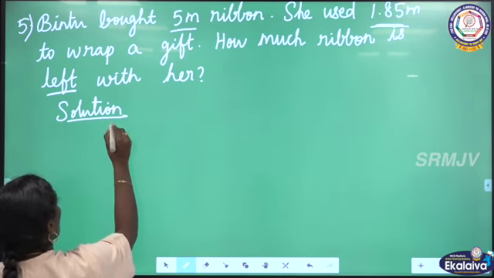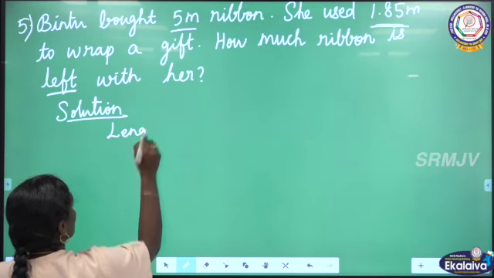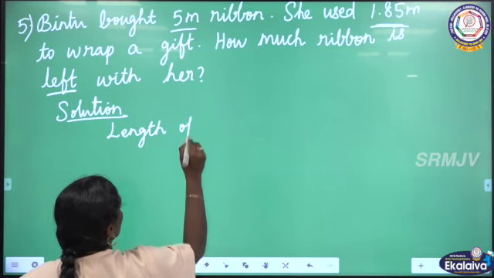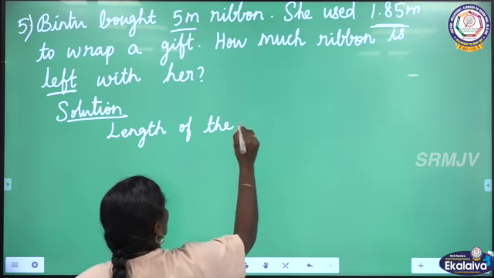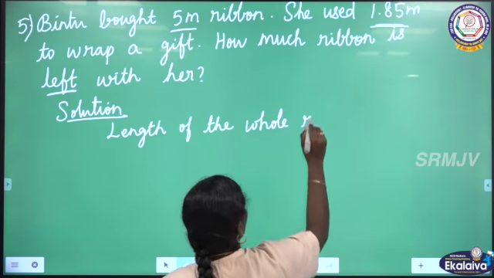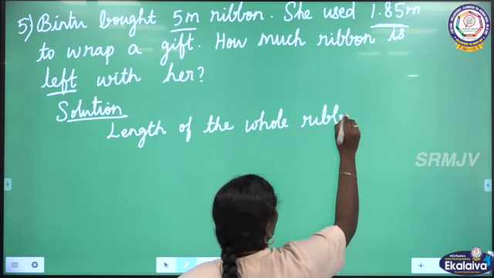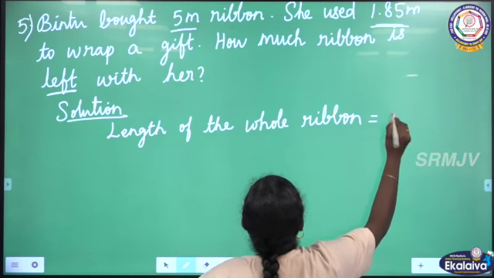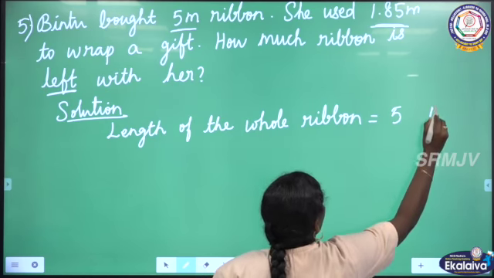So, length of the whole ribbon is equal to 5 meter.